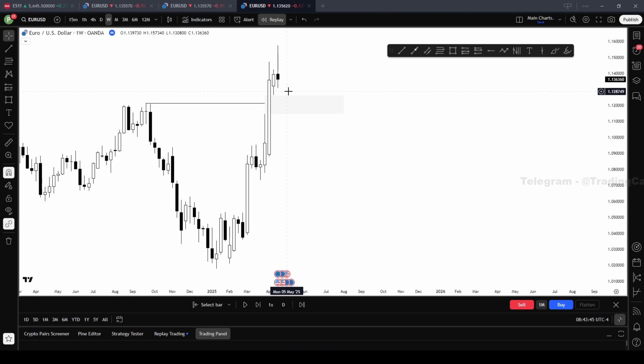And in this case, we had this clean weekly fair value gap sitting below current price action. And this weekly fair value gap became my short-term drawn liquidity for price to fill, right? Because we had taken out external range liquidity, I anticipated price to push lower and fill this internal range liquidity before it could do anything else.